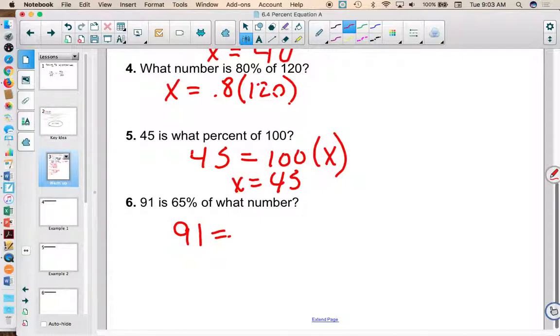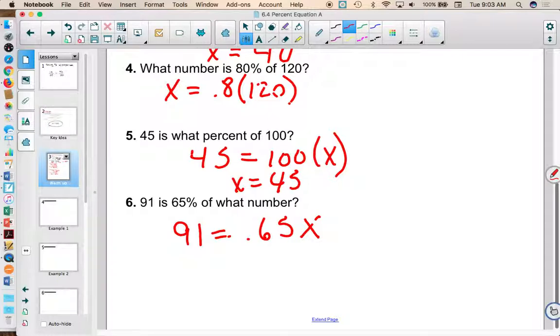Okay. Now, go from there. What's your percent look like as a decimal? And do I know the number? Or is that what I'm looking for? Okay?